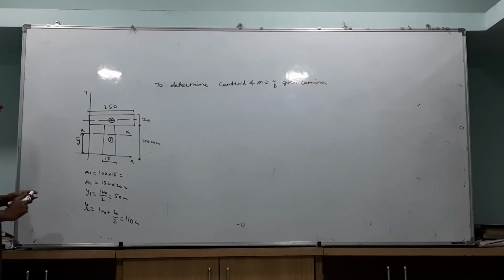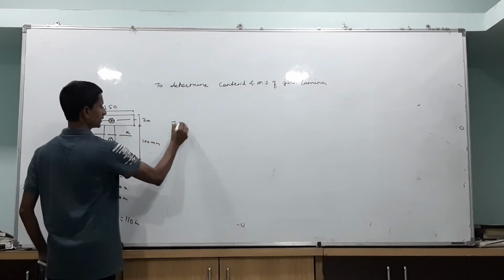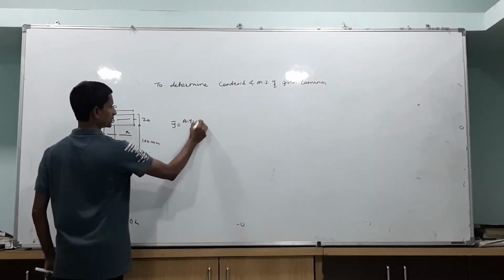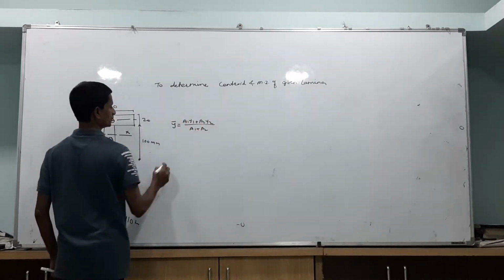After that, we have to calculate the y bar by using the equation of the centroid. So y bar is equal to A1 y1 plus A2 y2 divided by A1 plus A2.